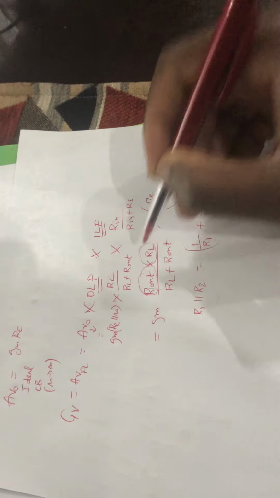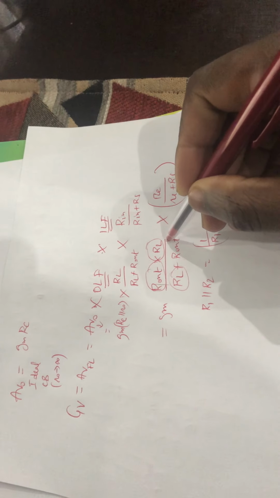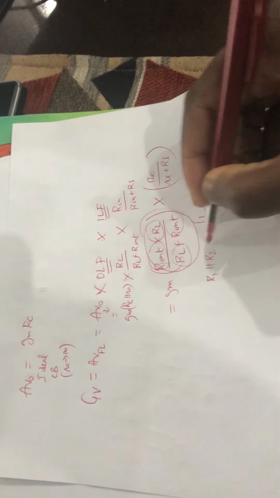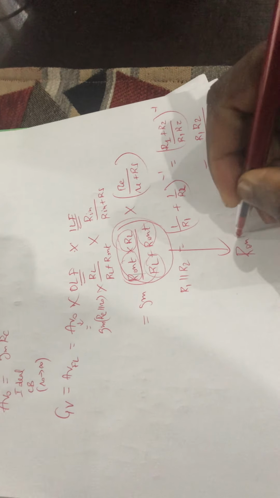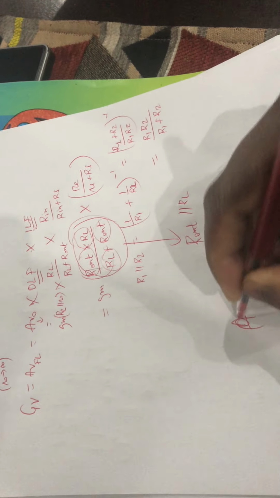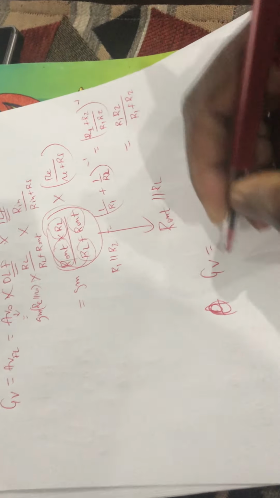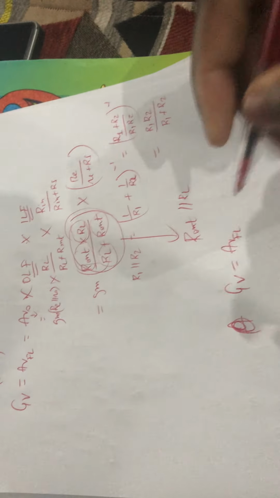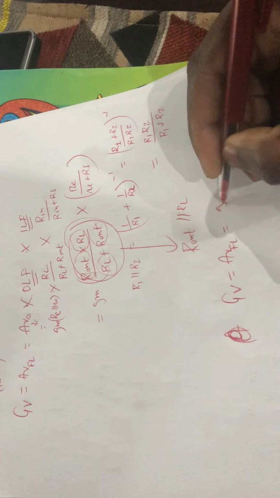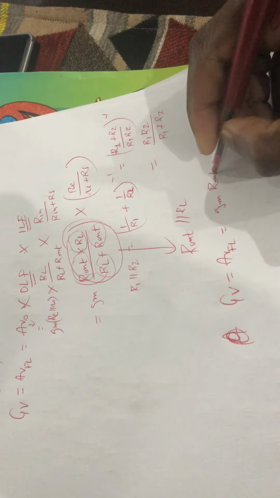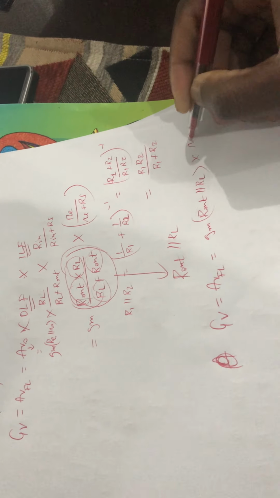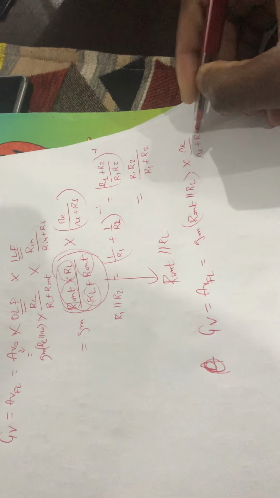We've got R out times RL divided by RL plus R out. So that is actually R out in parallel with RL. That's why the fully loaded gain of a common base amplifier, or the one we're analyzing, will be summarized to gm R out in parallel of RL, and this is the non-ideal case, times Re over Re plus Rs.